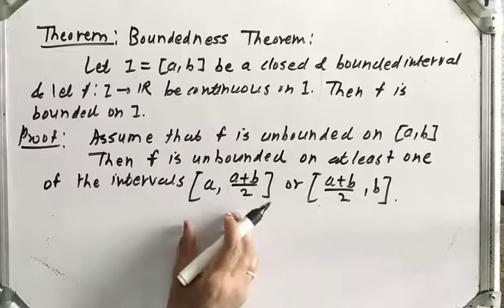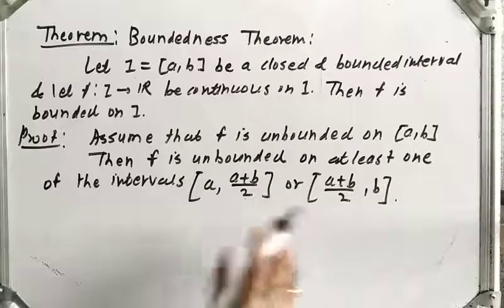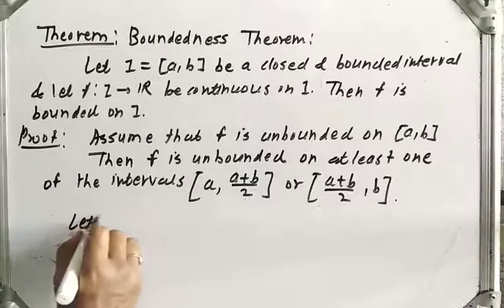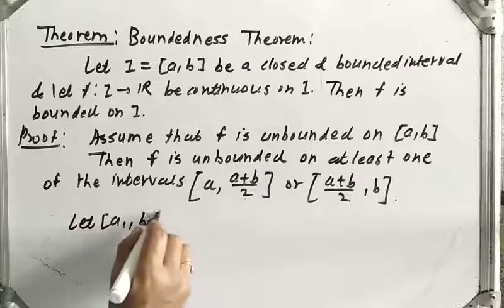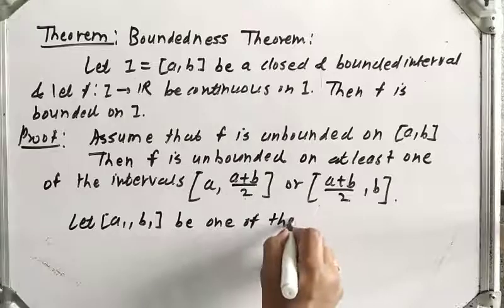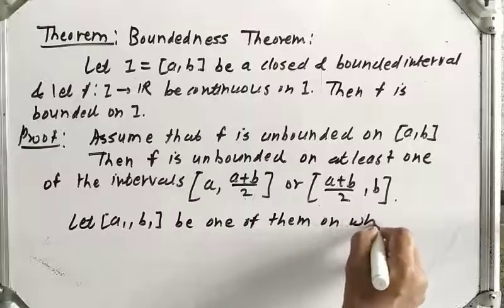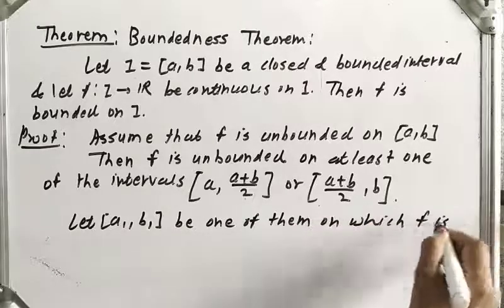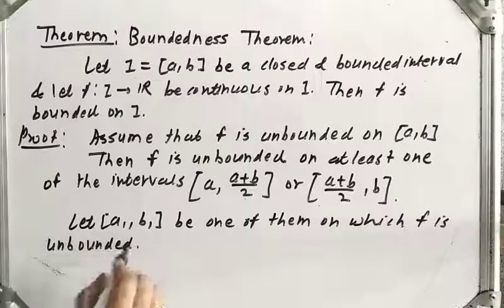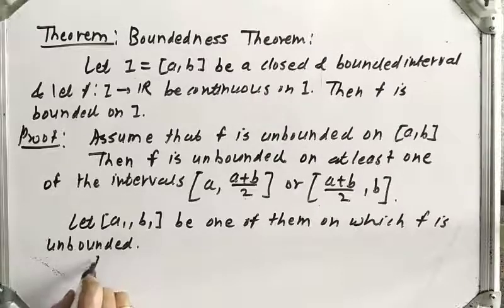So let us give the name a1 b1 to the interval in which f is not bounded. Let a1 b1 be one of them on which f is unbounded.